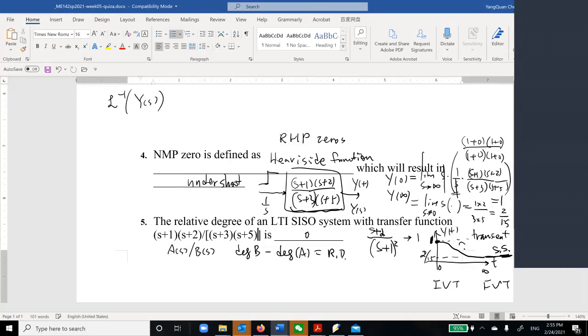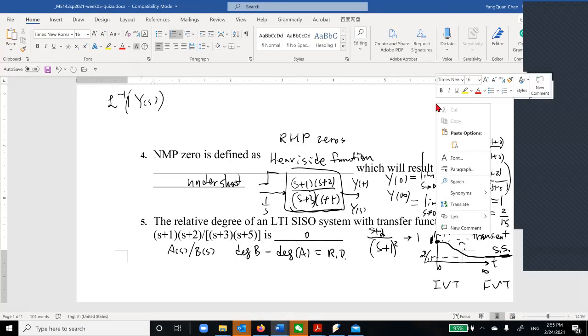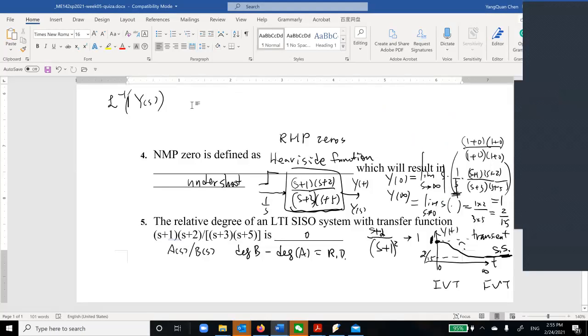One is this. Can you color? Wait a minute. How can I change my pen color? Interesting, I cannot do it.